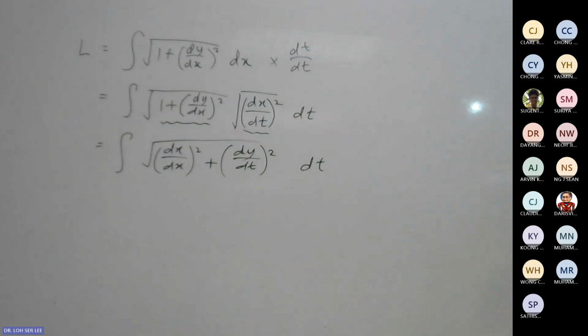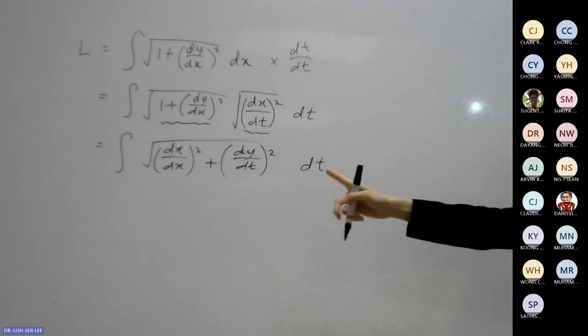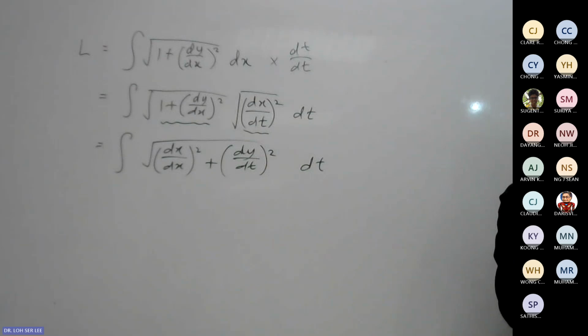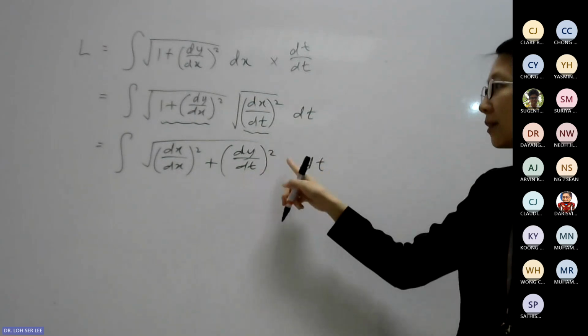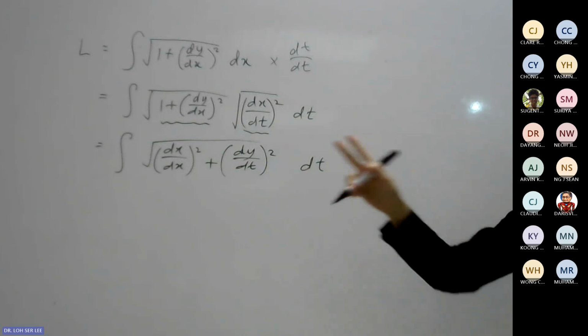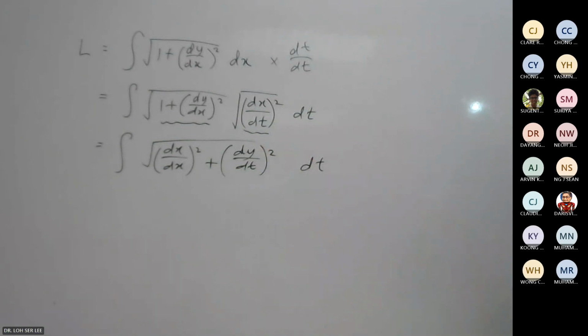That means if your curve is two-dimensional, we can use this. But if your curve is in three-dimensional, we will have one more term, plus dz over dt squared. But we don't use x, y, z here because our component functions are f, g, h, right?